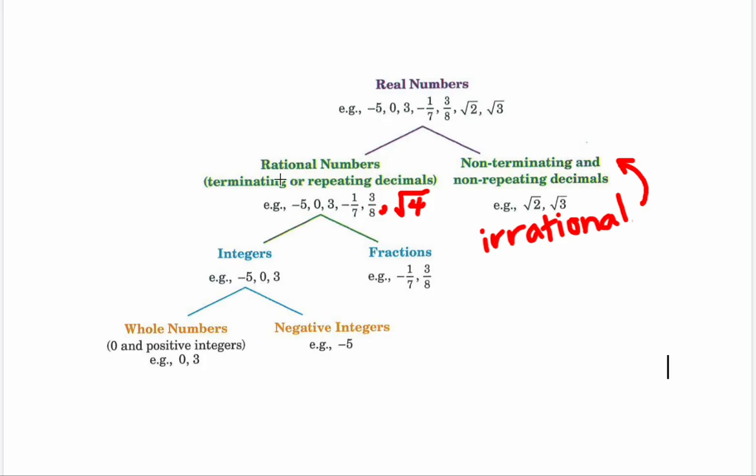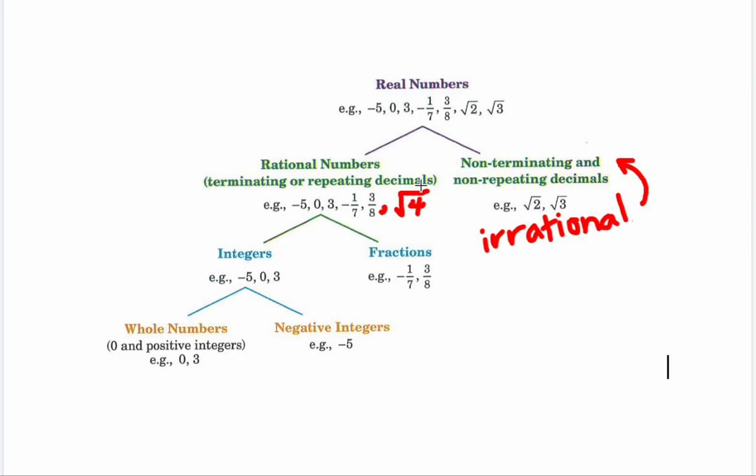So rational numbers are what we call the terminating or repeating decimals. They're numbers that when changed into a decimal, they either end, they're terminating, or they repeat in a pattern, okay? So even if it's repeating, like -1/7 or 3/8, it has to repeat in a pattern.